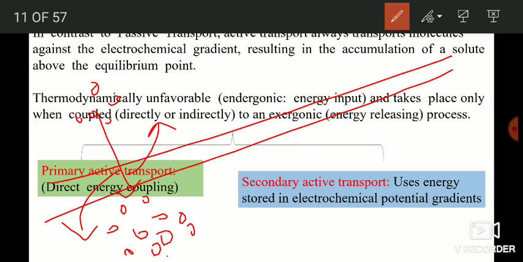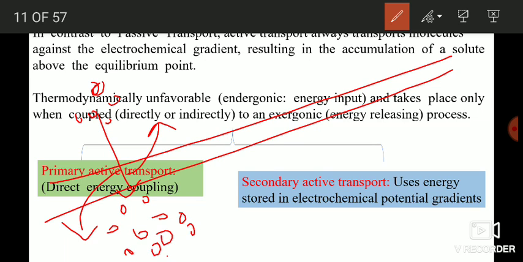Okay, only when there is consumption of energy can molecules move from lower concentration side to higher concentration side. This type of transport process in which the molecules move from lower concentration to higher concentration, and this process is accompanied by expenditure of energy, is known as active transport.